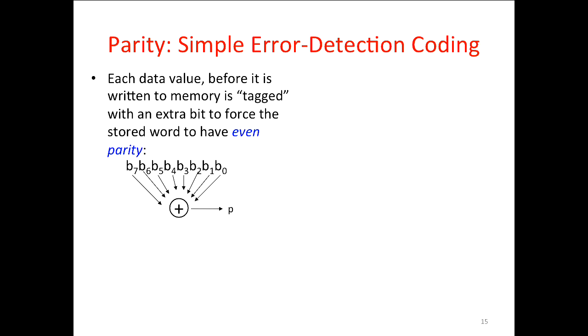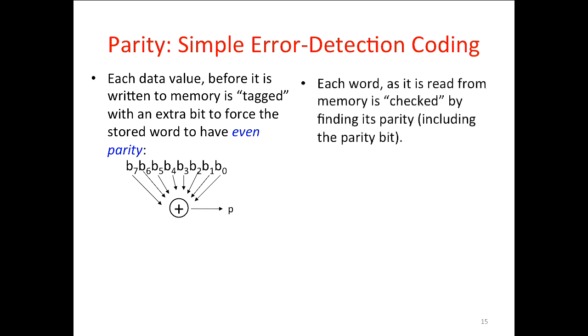So even parity is when you want to have an even total. So if I count the bits, you XOR them all together, then you add the extra bit in, and you want to make that bit cause the whole thing to have 0 as a total parity. So when you read the word back, you just XOR all these bits together.